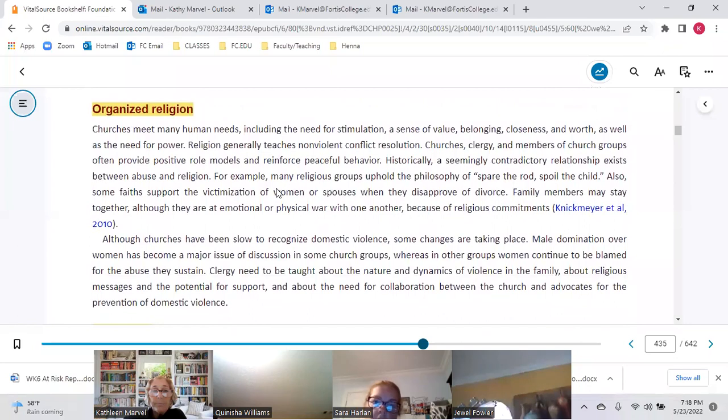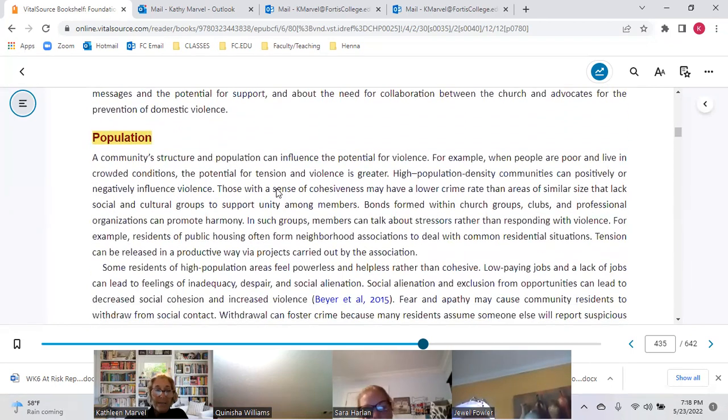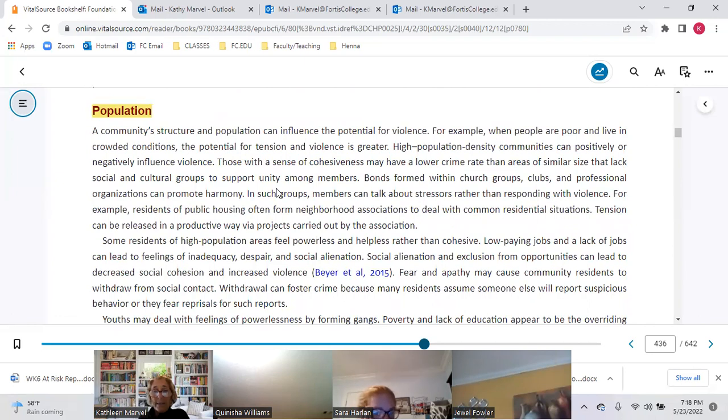organized religion, right? We see violence in places of worship, right? That's happening. And then the community itself, the population of the community is another factor. What if you live in an extremely poor, crowded community, right? The potential for violence and tension and things boiling over is probably pretty high.